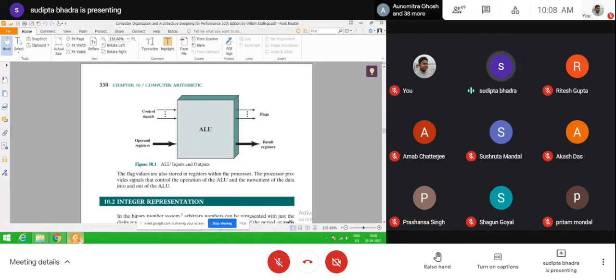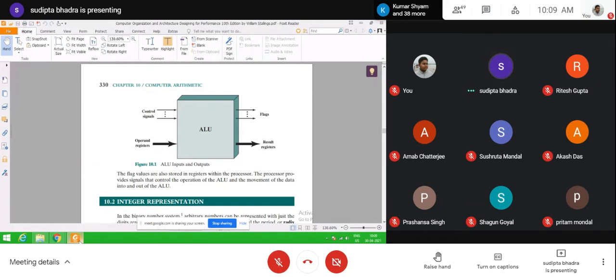Here the ALU has some set of inputs and outputs. Say you want to perform an addition operation, x plus y.